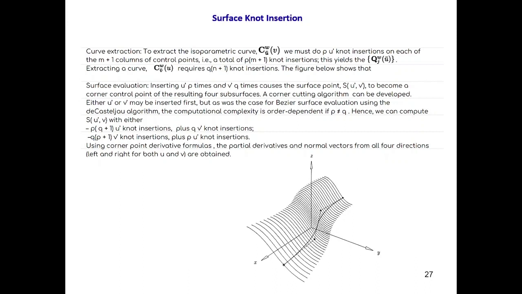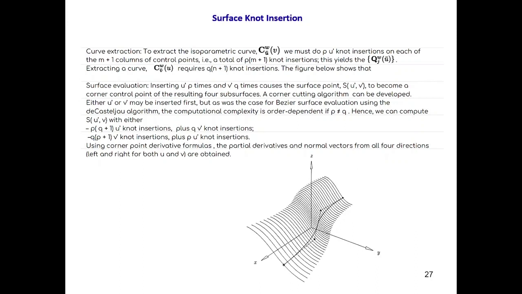A corner cutting algorithm can be developed with u or v first, as was the case for Bezier surface evaluation using the de Casteljau algorithm. The computational complexity is order dependent if p is not equal to q. So we'll compute S of u comma v, which is either p times (q plus 1) insertions or q times (p plus 1) knot insertions.